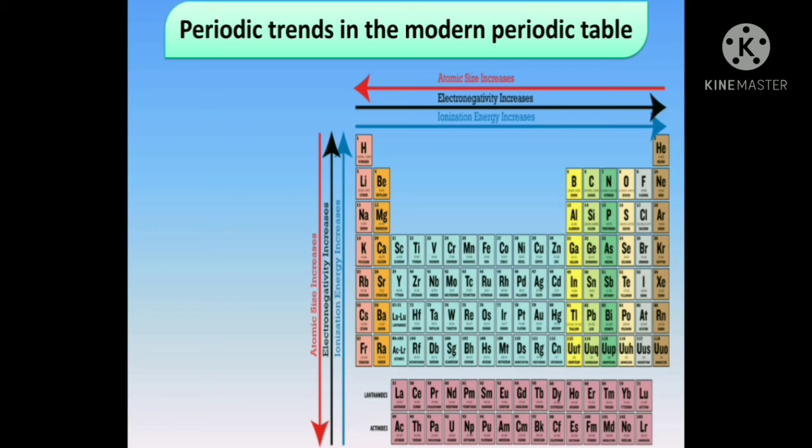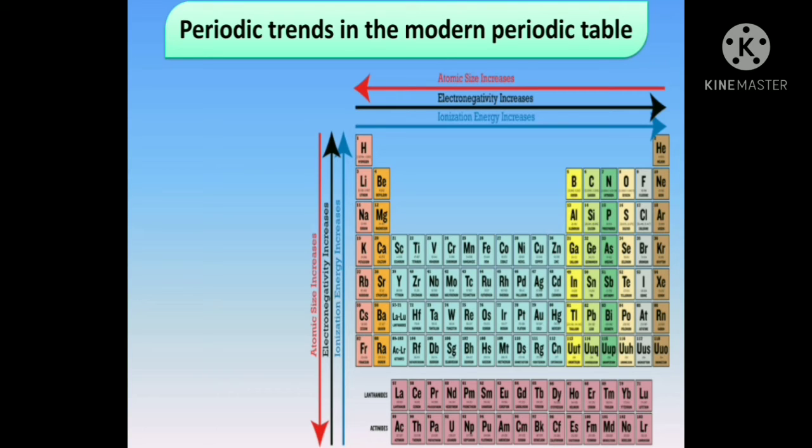While going down a group, a new shell gets added, which results in increasing the distance between the nucleus and the valence electrons. This results in lowering the effective nuclear charge, and also it lowers the attractive force on the valence electrons. So in a group, the tendency of an atom to lose electron increases.